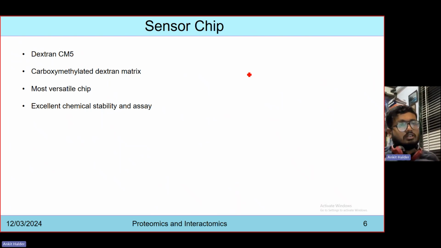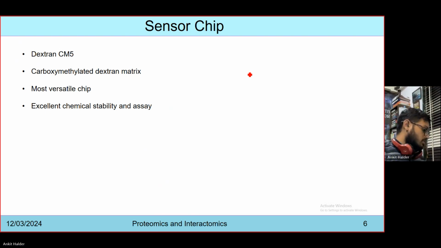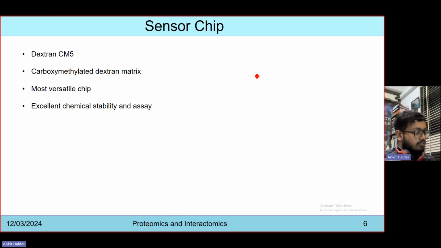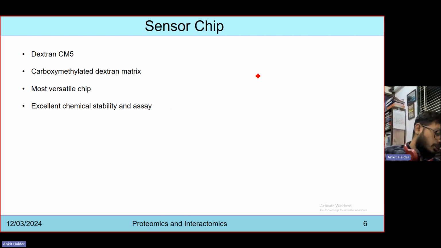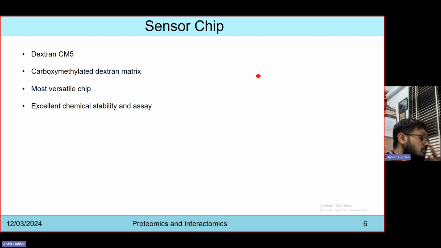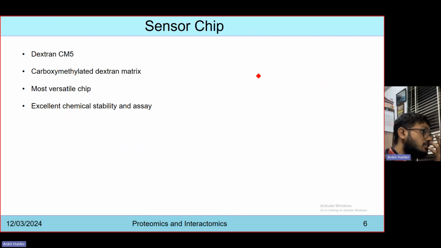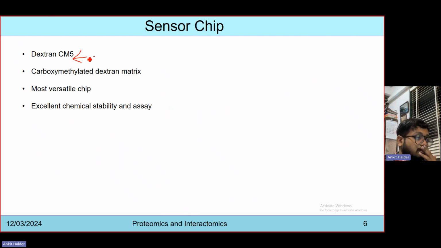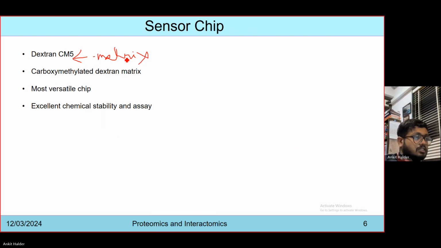I think you all have understood that you need to immobilize the ligands, either through direct immobilization using covalent chemistry or using the orientation specific approach, which includes streptavidin, biotin binding, etc. So now the sensor chips, among which one is the CM5. It contains a matrix of dextran.